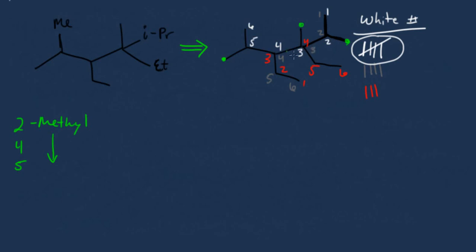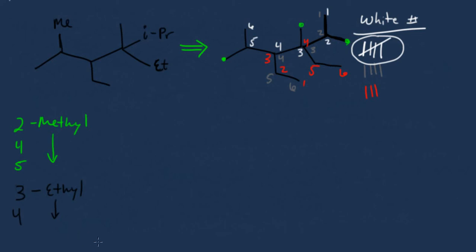We have 1 substituent group on the 4 position, and that's an ethyl. So we'll put our ethyl like that. And then we have another one, and I said that was 4. That should have been the 3 position. Oops. So 3. And then we have another ethyl group that's on the 4. So I guess it works anyway.